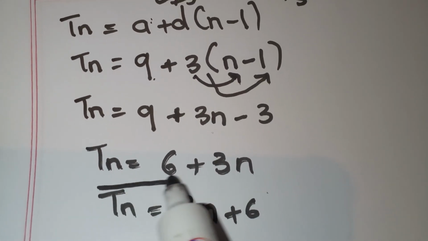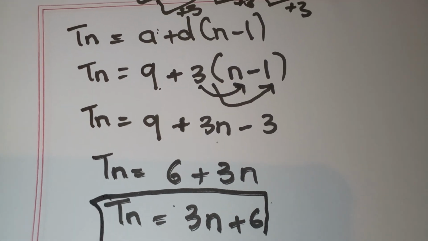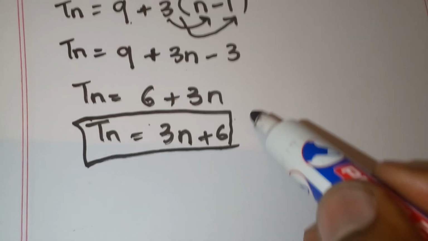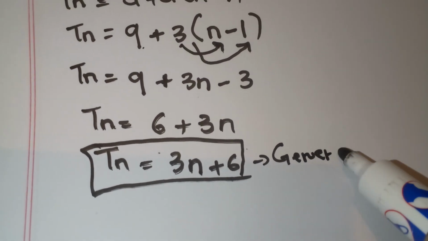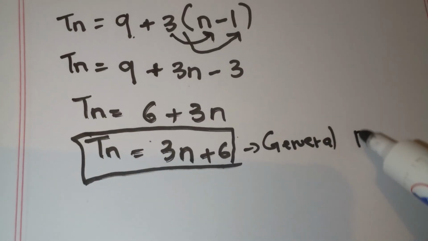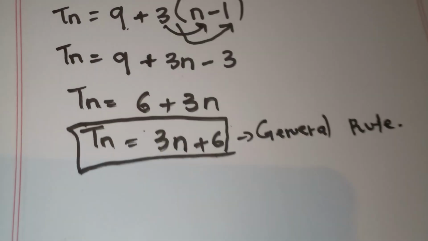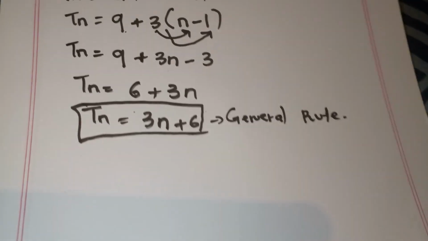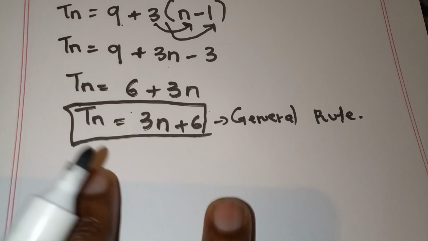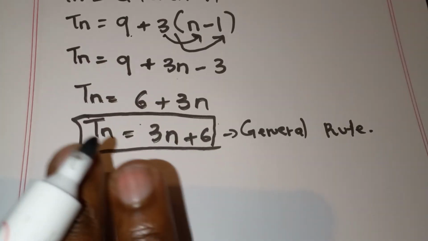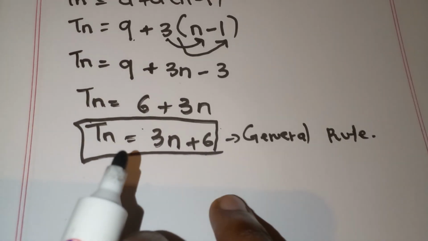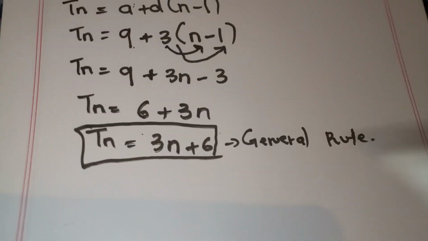This one here is the answer to our general rule. So every answer that is going to come after finding the general rule, whatever you have to do, you have to recall your general rule, or use the general rule.